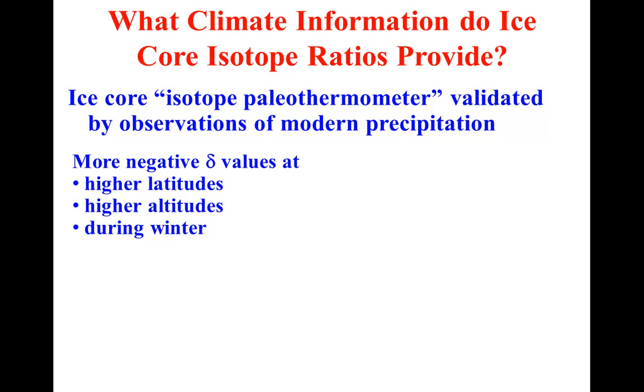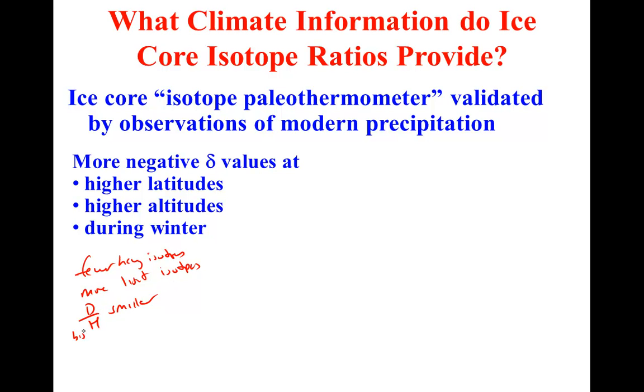We find more negative delta values in snow and precipitation at colder temperatures. Higher latitudes in the polar regions, higher altitudes on mountaintops, and during the winter, we find snow with fewer heavy isotopes, more light isotopes, producing a smaller heavy to light isotope ratio.